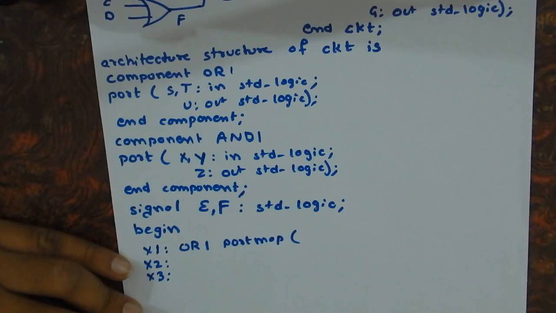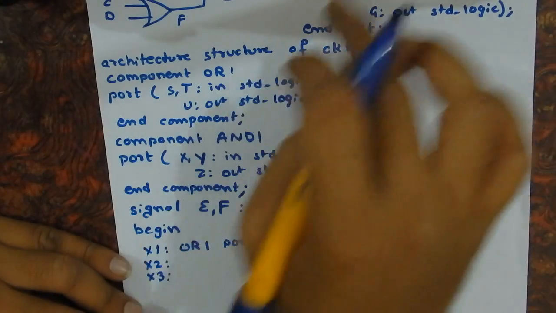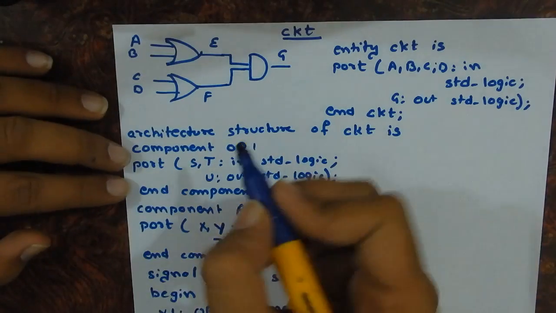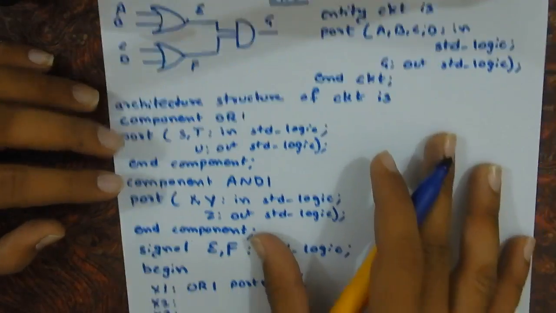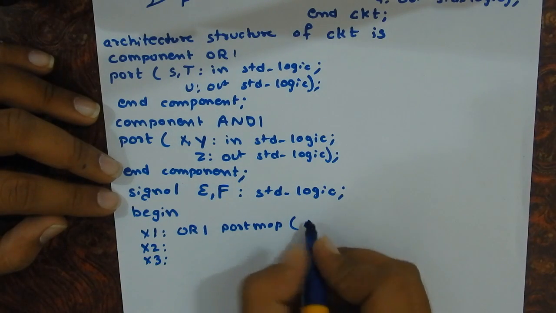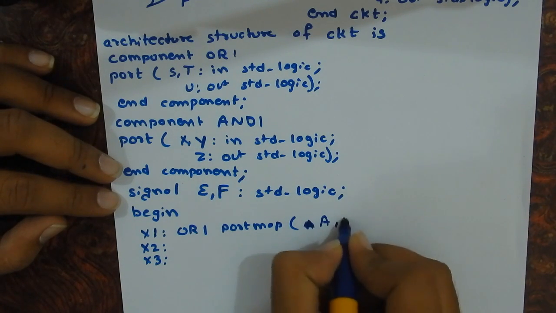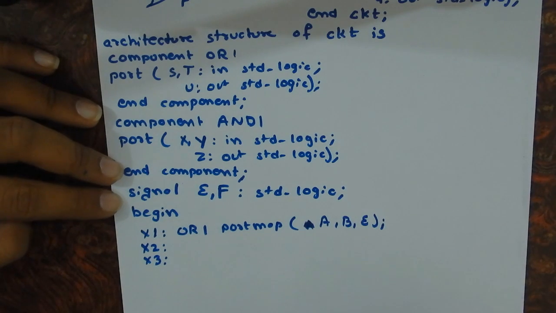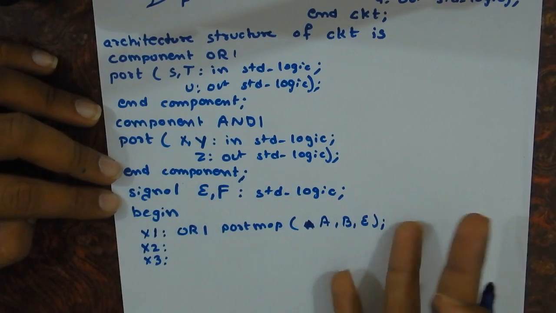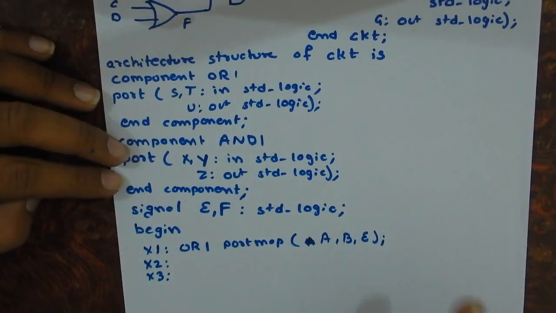Port map means mapping of the component ports and the entity ports. So in this you can see A, B and E are mapped with the S, T and U. So right here A, B and E. This was the syntax for the declaration of the first instance.